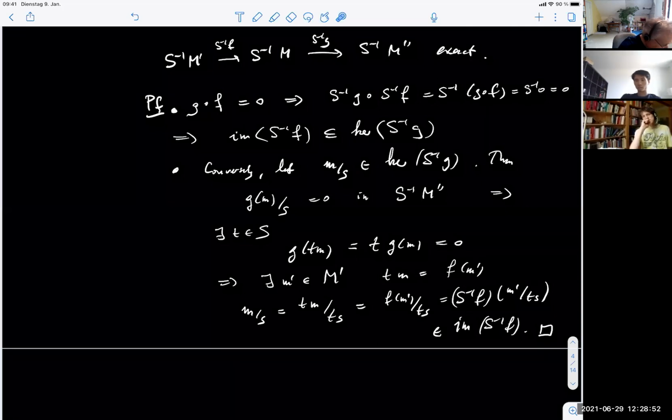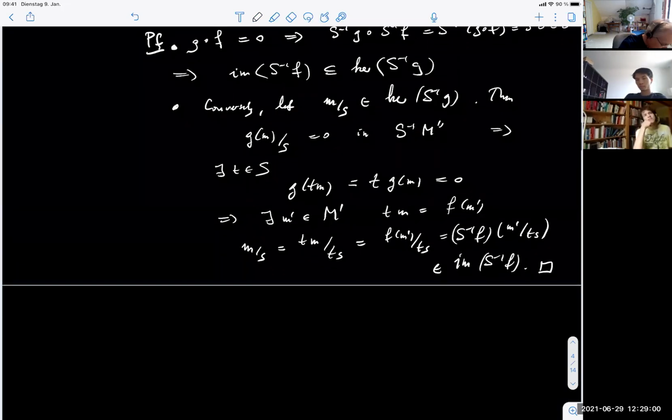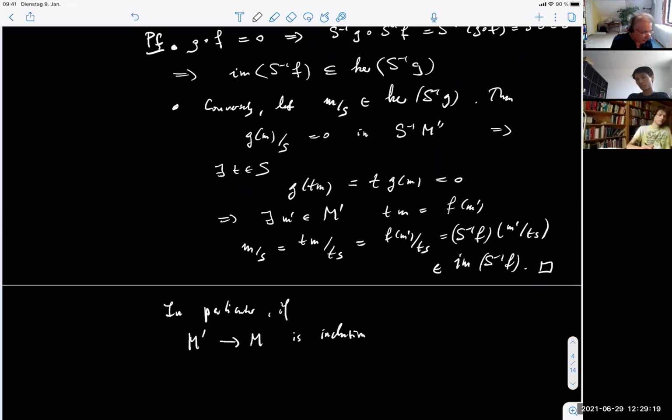So in particular, this is nice. If you have an injective map, it will stay injective. If you have a surjective map, it will stay surjective. Let's say this is an inclusion, so M prime is a submodule of M, then this map is injective.